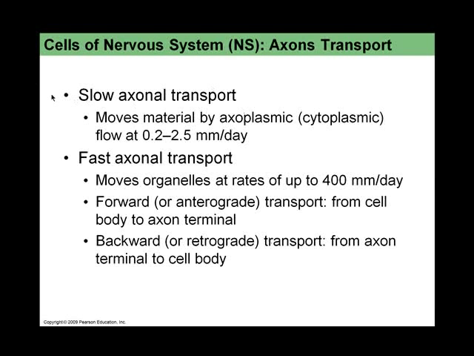So constantly things going back and forth, and some slow and some fast. So the slow axonal transport moves material by axoplasmic or cytoplasmic flow, kind of a bulk flow type of system, 0.2 to 2.5 millimeters per day.